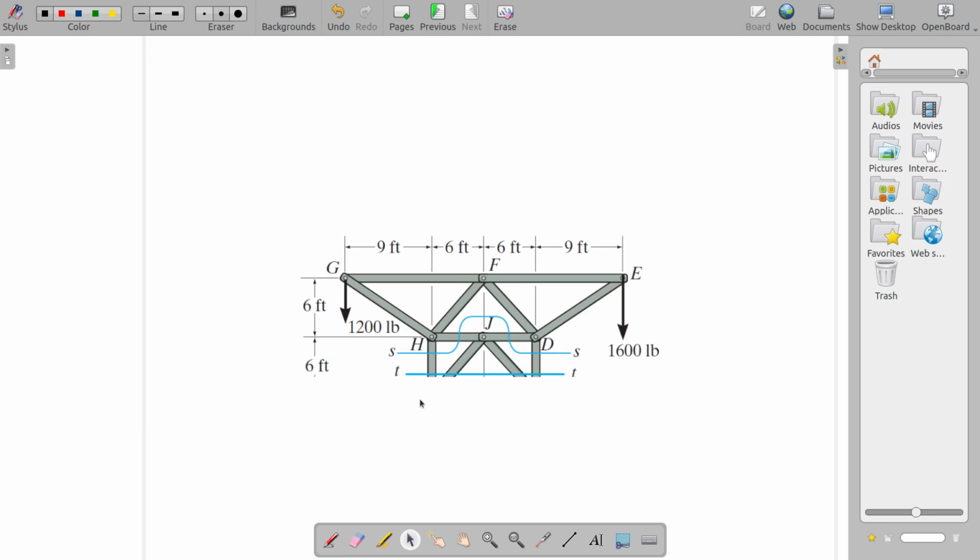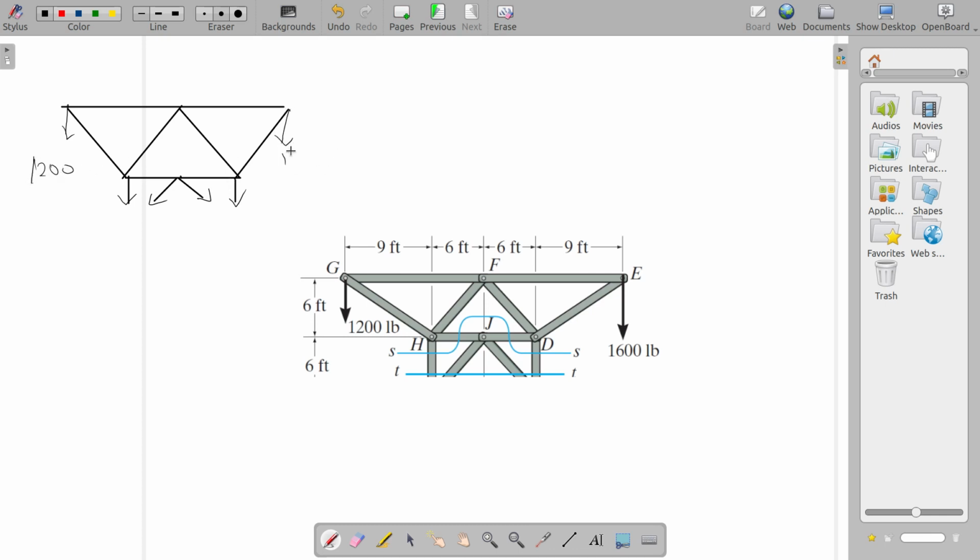So from the first section you have 1,200 pound here, 1,600 pound here.